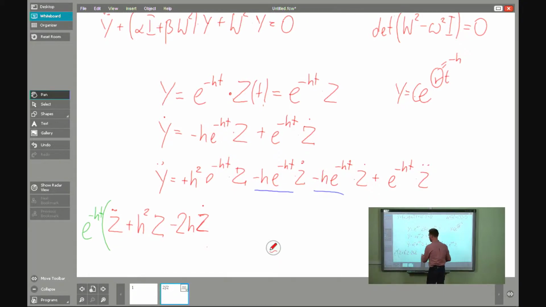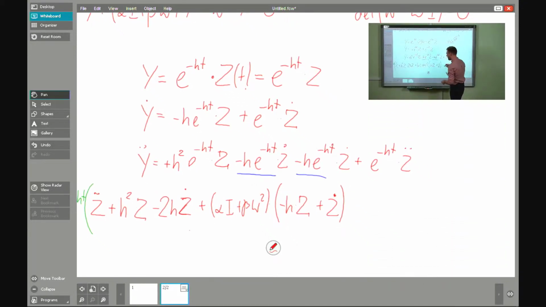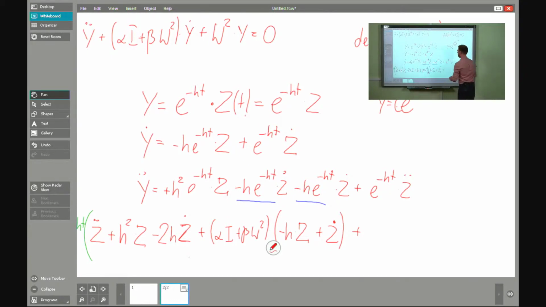Let's put the second element, and it will be connected with that thing. I mean the plus (alpha I plus beta w squared) times that expression, minus h times (z plus z dot) without the damping term, and it will be the last term, the contribution of the restoring forces component.